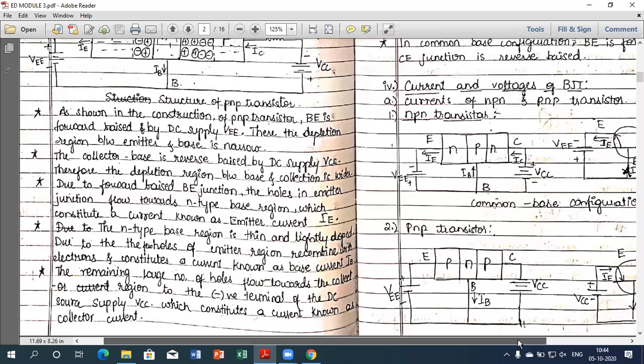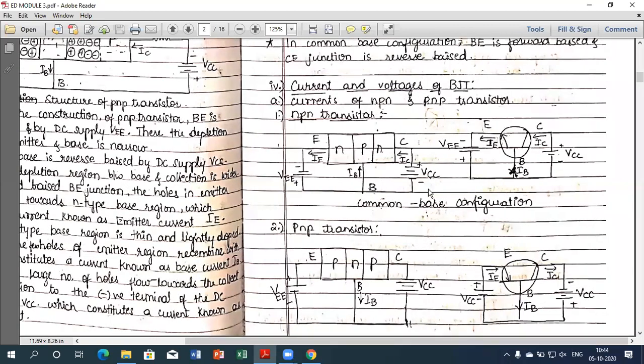Here in this topic, we are going to discuss how the currents of NPN or PNP are determined, and these currents depend on the common configuration. I'm using the words common configuration here, which is very important. First, we only focus on the currents of NPN and PNP transistors.